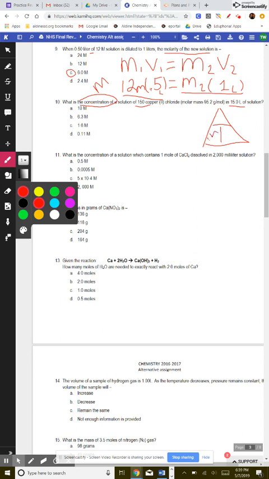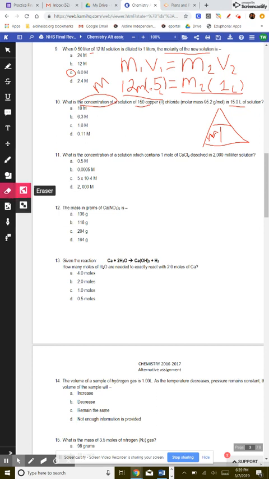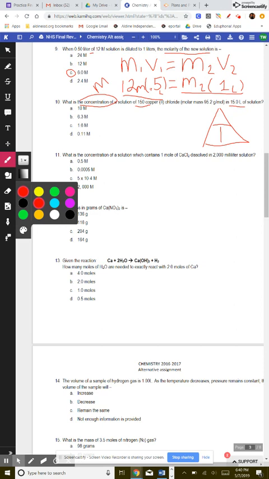So if I have molarity triangle, sorry, that doesn't look good. Let me try and erase it, make it look nice. Okay. Keep it red. Molarity, liters, mole on top.